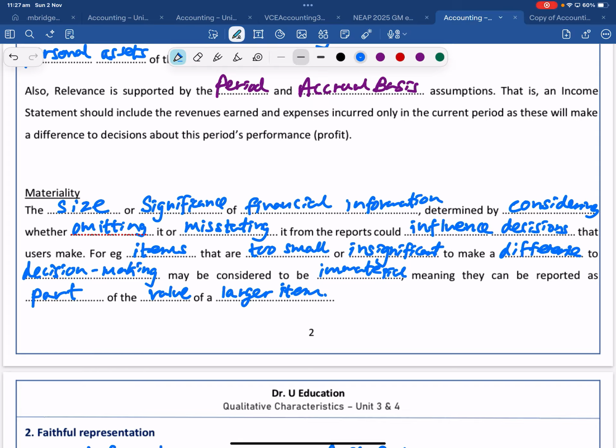So the investor is going to invest money. Whether we have included the $50 in the non-current assets or we haven't included it doesn't really matter. Why? Because it is just $50 with big value items, right? Okay.